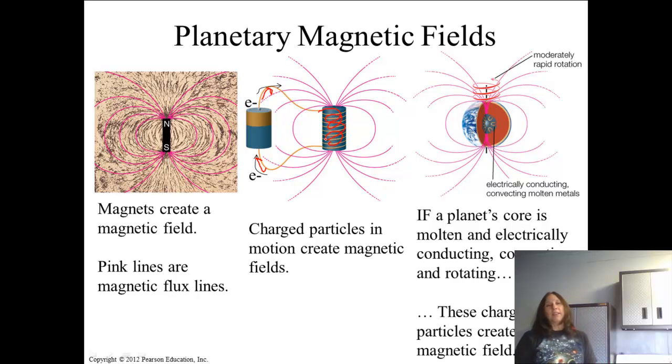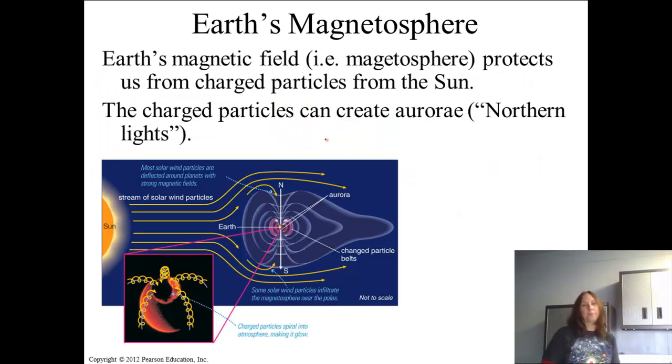So there are two criteria for a planet to have a magnetic field. I just mentioned them. First, it needs to be ooey-gooey in the center, it can't be solidified, and the other is it needs to be rotating, okay? That gets those charged particles moving, just like the battery got the charged particles moving in a circle in the middle slide.